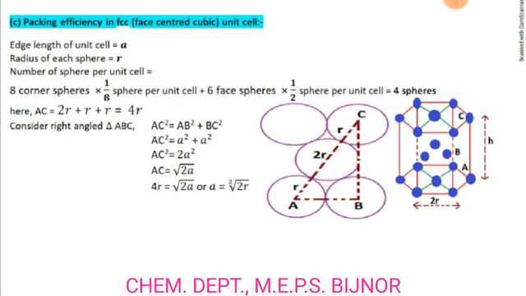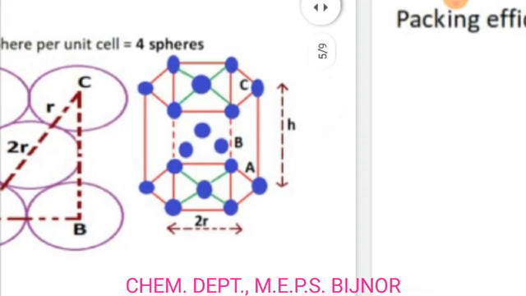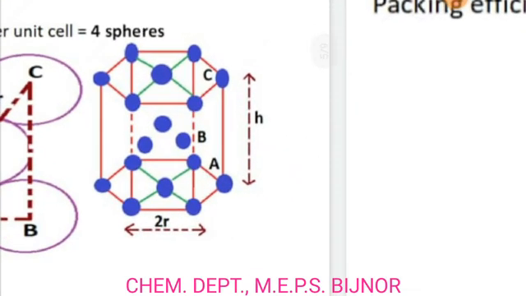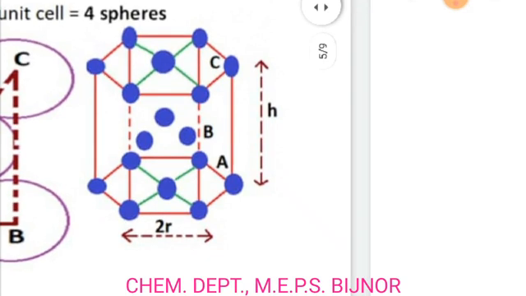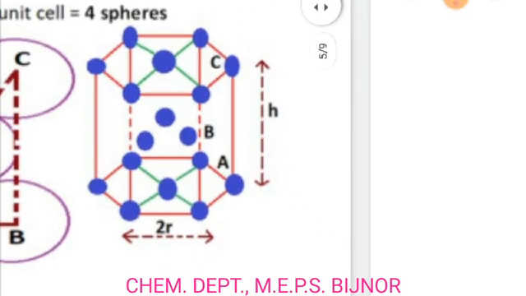Here AC is equal to 2R plus R plus R, which is equal to 4R. Consider the right angle triangle ABC. If we look at the FCC lattice, a right triangle is formed, which is known as ABC.